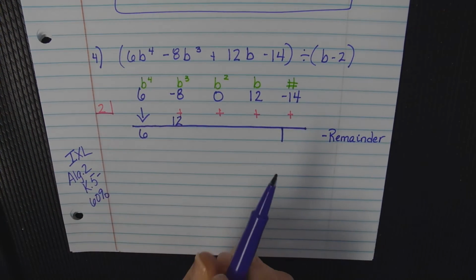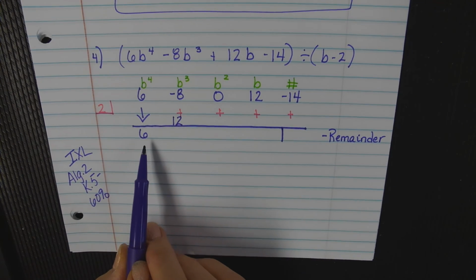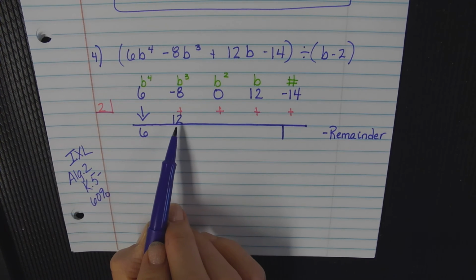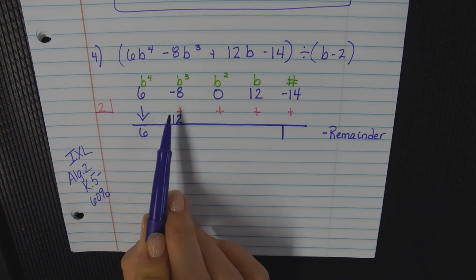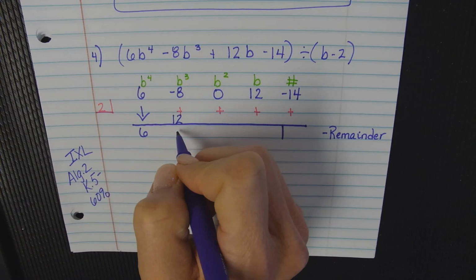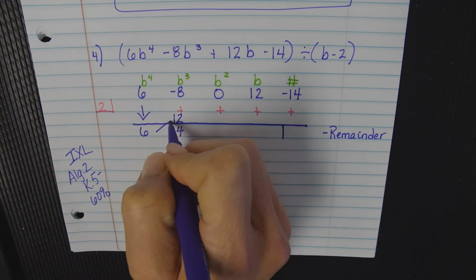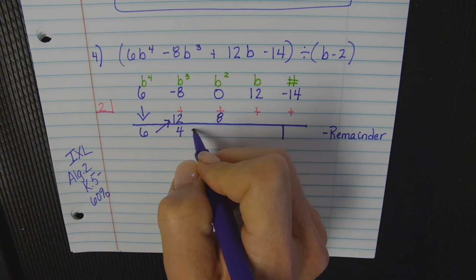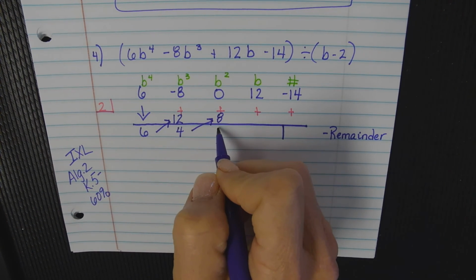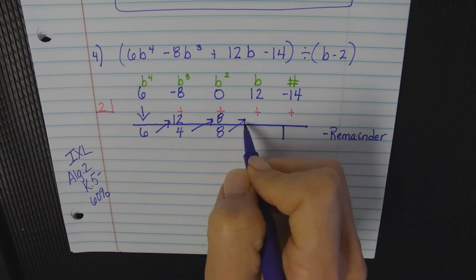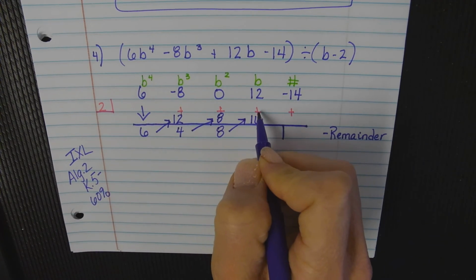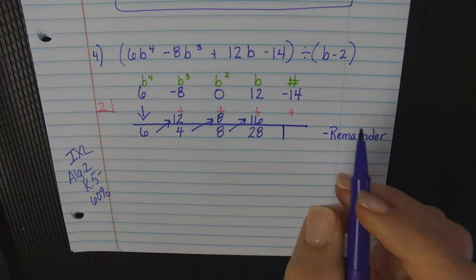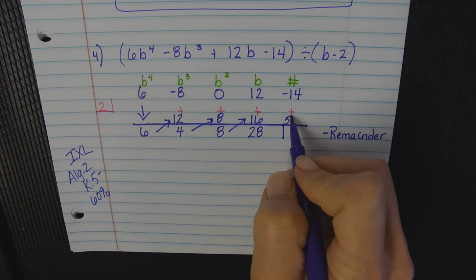All right, let's do this together and then I'll be done. Has everybody got it set up? Okay, 6 times 2 is what? 12. Add them together, -8 and +12 is 4. 4 times 2 is 8. 0 plus 8, 8. 8 times 2, 16. 12 plus 16, 28. 28 times 2, 56.